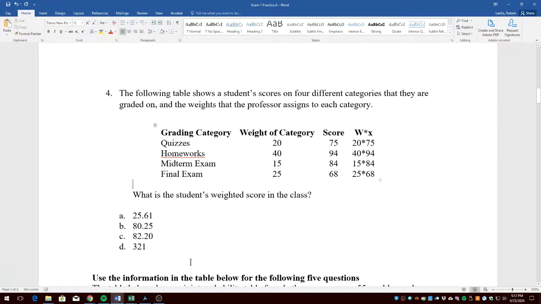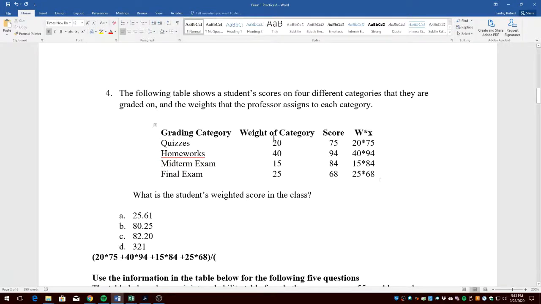our weights. So if I'm typing this out here to make it a really long equation, 20 times 75 plus 40 times 94 plus 15 times 84 plus 25 times 68, right? Once I add those up, that would just represent my numerator. I then need to divide by the sum of my weights.